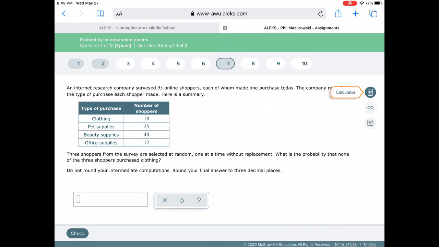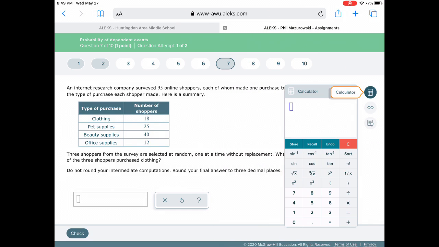Let me pull up the calculator here. So it was 77 out of 95 times 76 out of 94, and then 75 out of 93. This is what they want us to do.